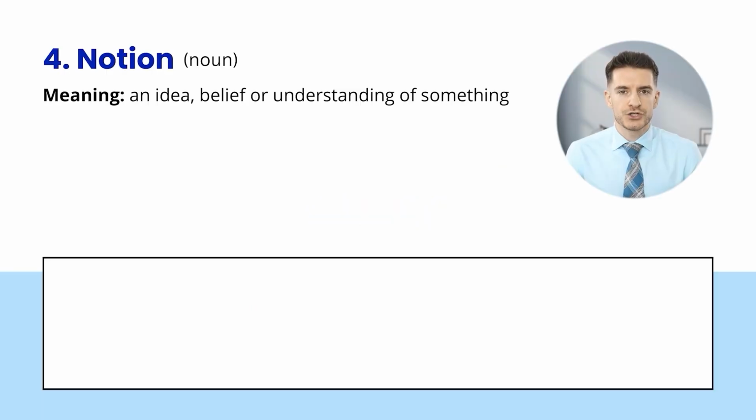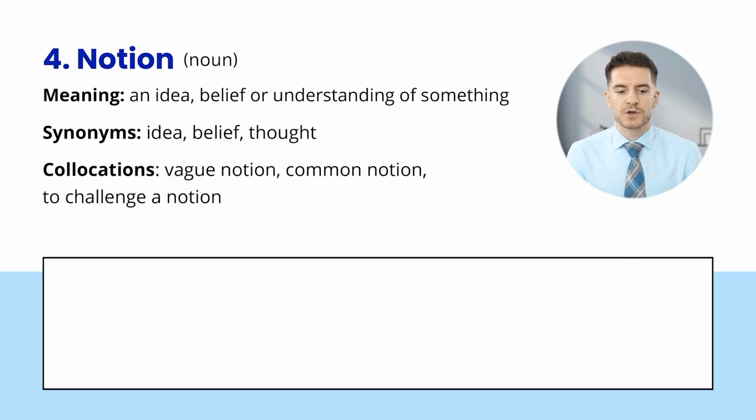Moving on to word number 4, which is notion. Notion is a noun, and it means an idea, a belief, or an understanding of something. So notion is something that you can't touch. Here are some synonyms: idea, belief, or thought. Here are some collocations: vague notion.